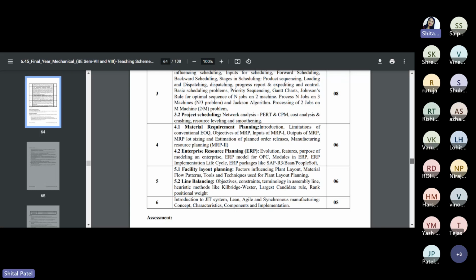So as I told you, objectives, inputs and output of MRP. It is called MRP or MRP1, both are same. So these are very important objectives, right? Then inputs, outputs of MRP.